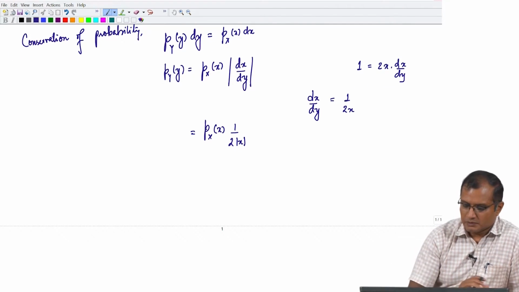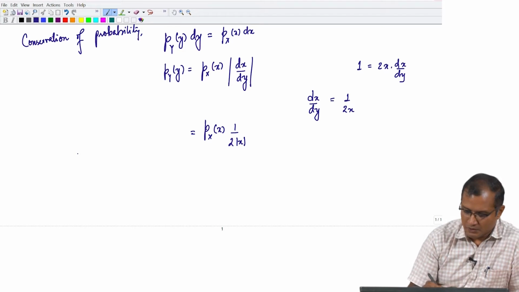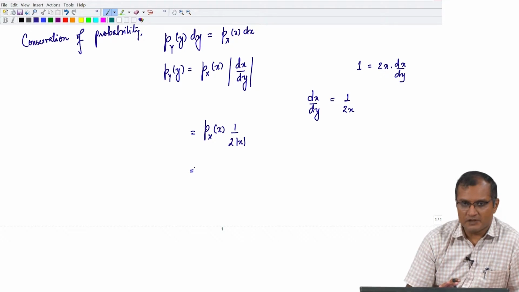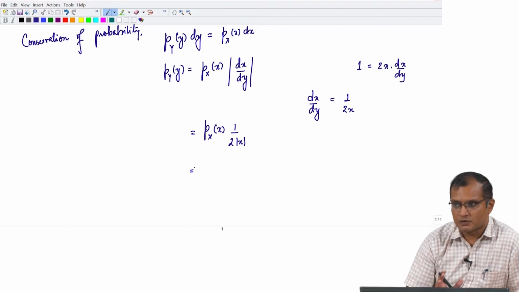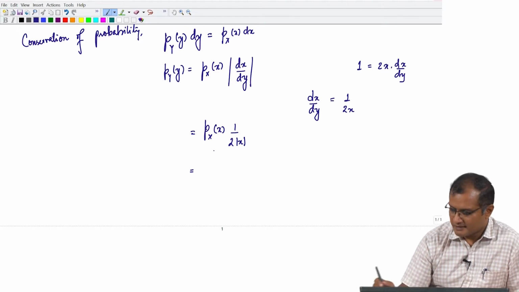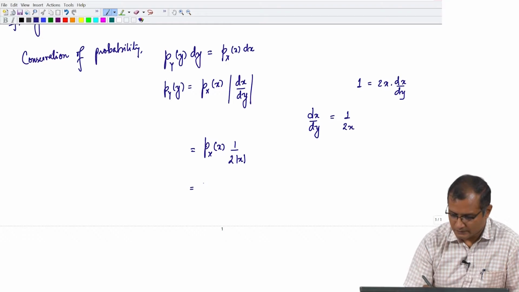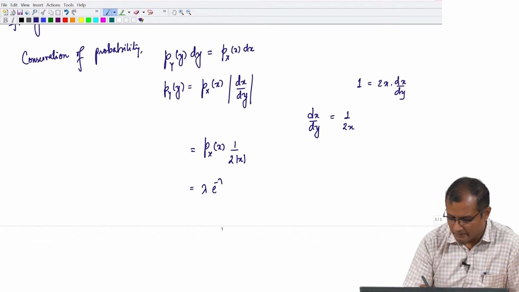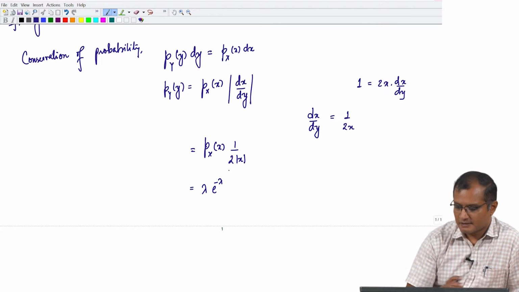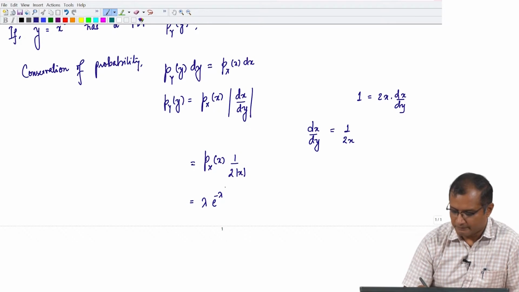Now, if you want to find out p of y, you can simply use the fact that x is always positive, it is defined in the range 0 to infinity. So, mod x is just x. So, I can rewrite the PDF of x as lambda e raised to minus lambda, and I will write x as square root of y.